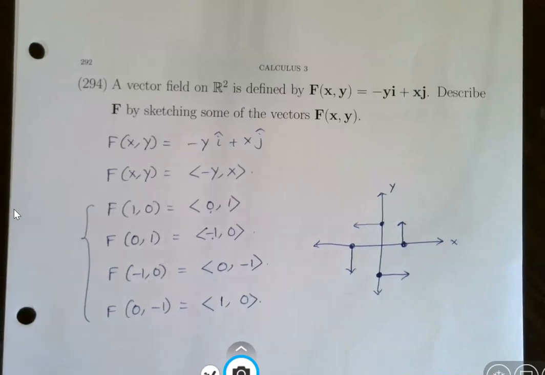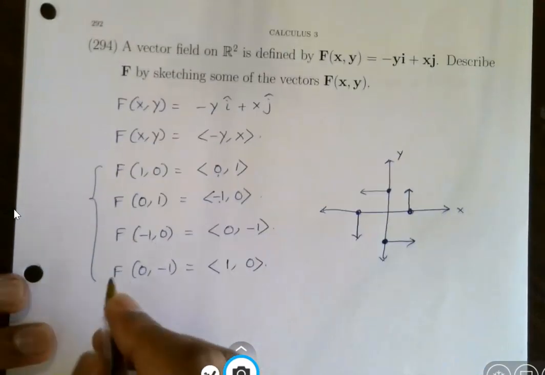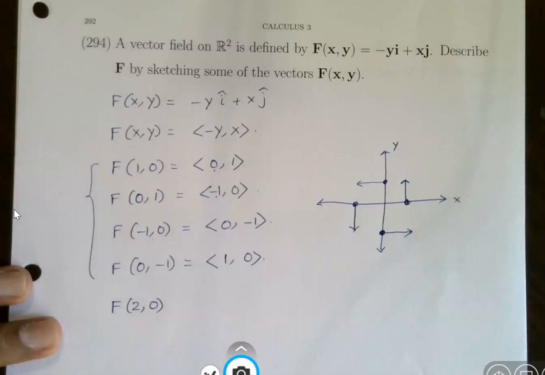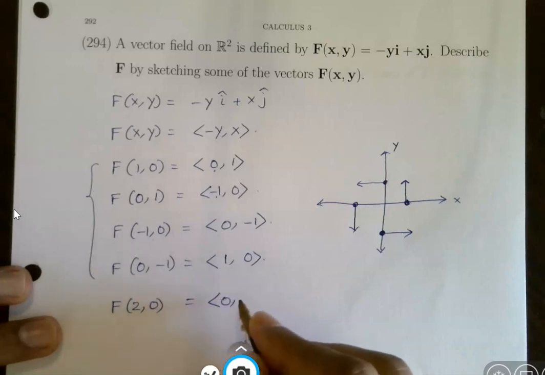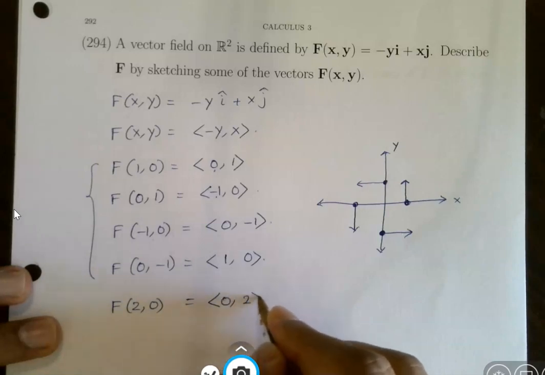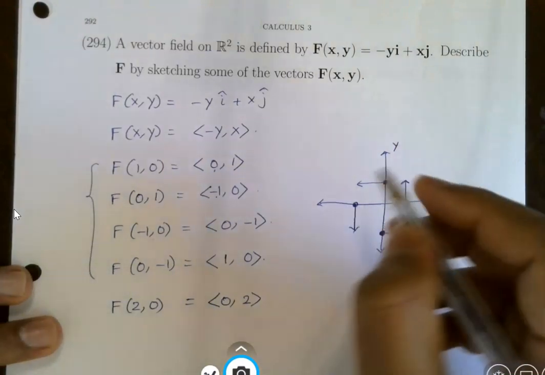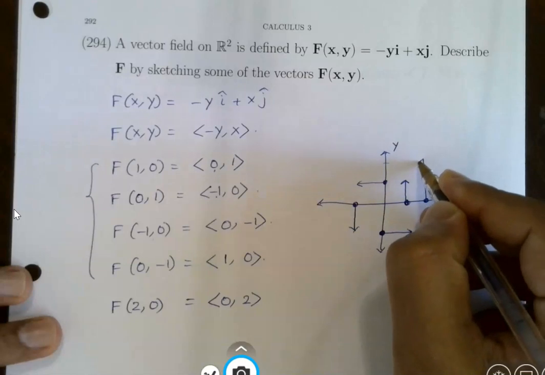Okay, now you could have picked anything. For example, if you want to pick f of 2, 0, you're not obligated, but let's say you wanted to pick it, then what would that be? y is 0, x is 2, so you get 0, 2. So that means if you start at 2, 0, you're going all the way to 2, 2. So that means you're talking about a vector field like that.